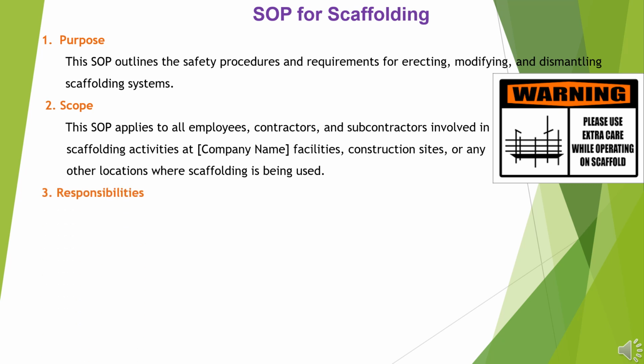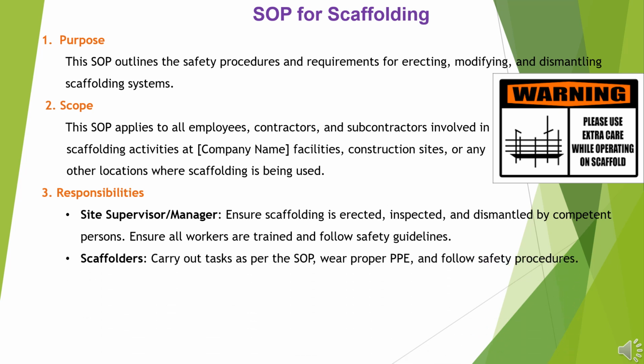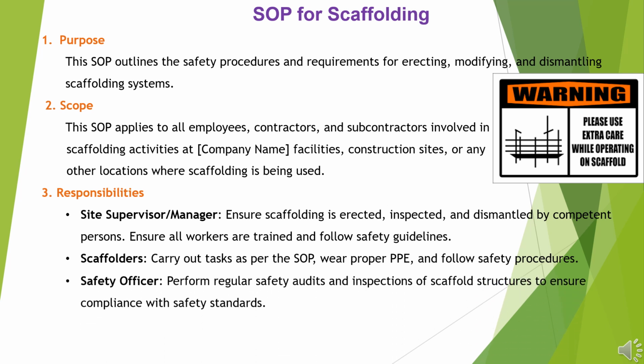3. Responsibilities. Site supervisor/manager: Ensure scaffolding is erected, inspected, and dismantled by competent persons. Ensure all workers are trained and follow safety guidelines. Scaffolders carry out tasks as per the SOP, wear proper PPE, and follow safety procedures.